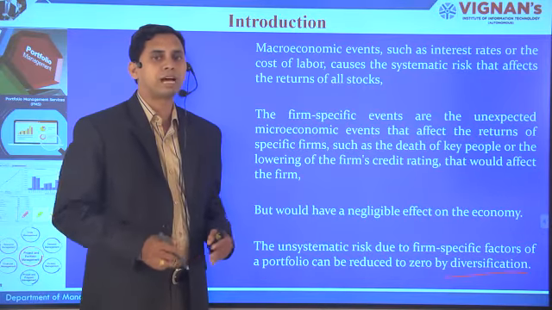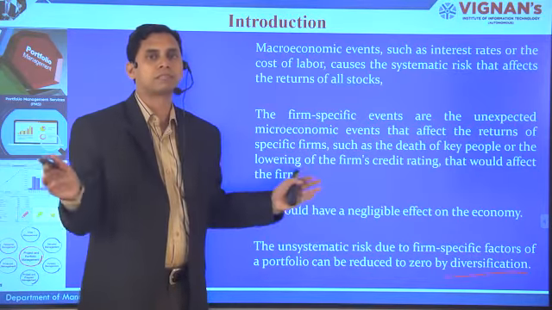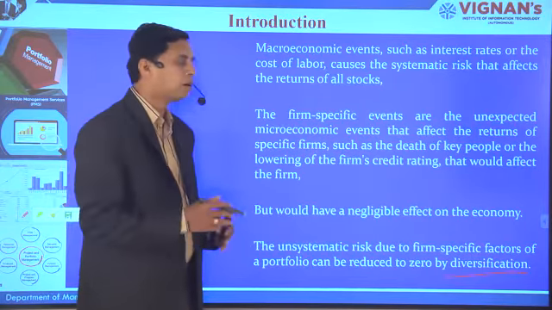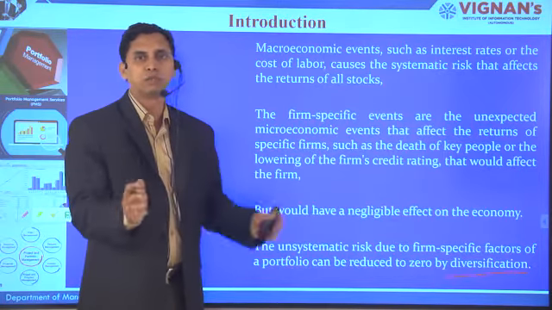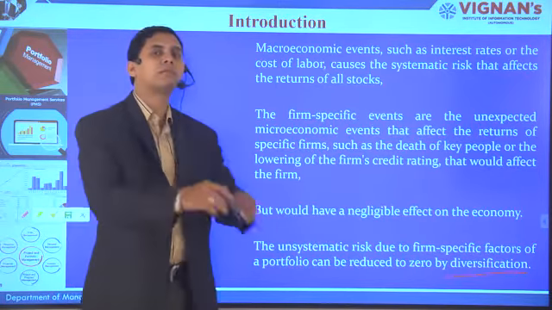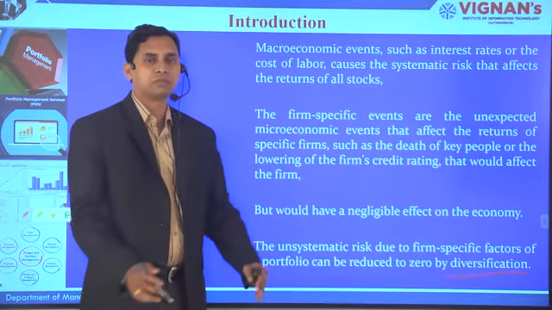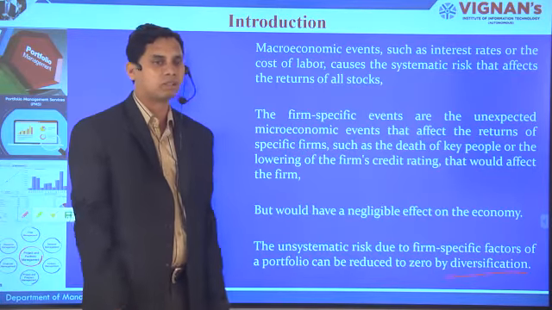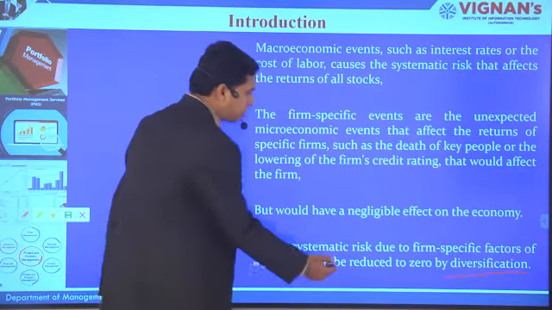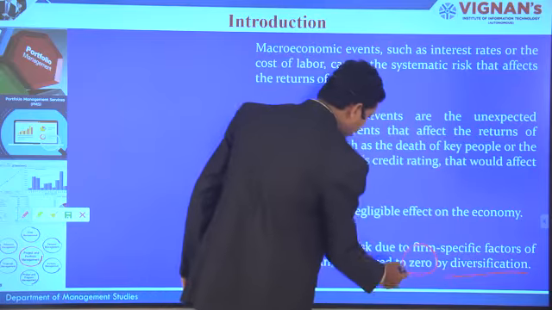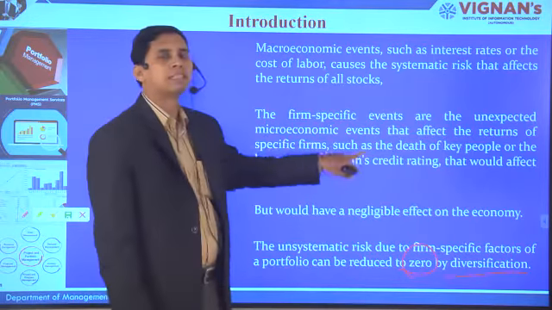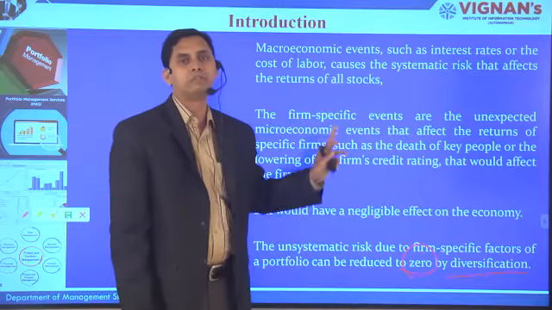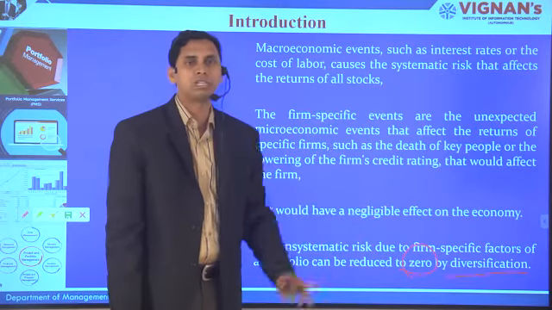We invest our money across various assets and various investment alternatives, which is known as diversification. If we invest in more than 15 different industries and different stocks, then this unsystematic risk can be reduced even to zero. That is why firm specific risk to a portfolio can be made zero by the concept of diversification.